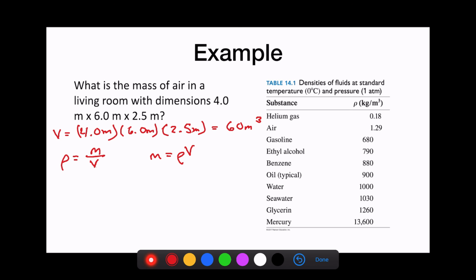The density of air is listed there as 1.29 kilogram per meter cubed. I'll multiply that by my 60 meters cubed that I calculated just a moment ago. You'll notice that my meters cubed cancel, leaving me with kilograms. It's always a good sign that I've done things properly, that I get the units that I would expect, mass units. And the result is 77 kilograms.